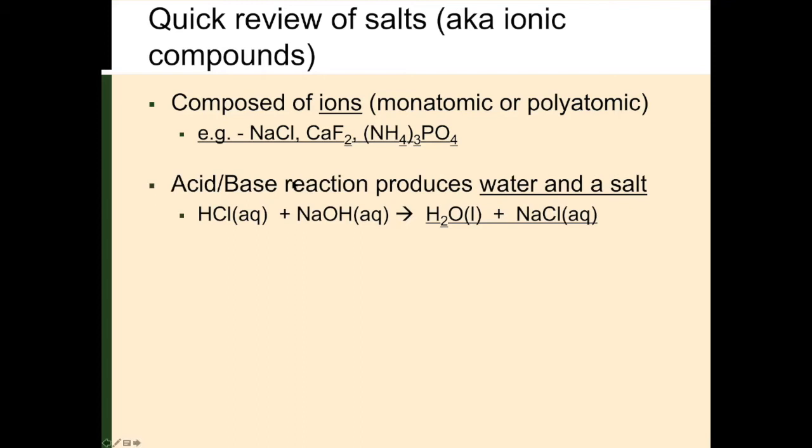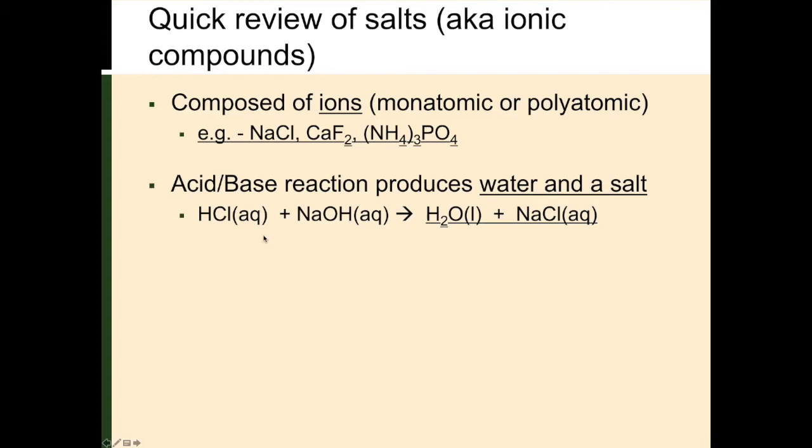So I said earlier that the reason why we call them a salt is because that's the term used to indicate one of the products of an acid-base reaction. So anytime you have an acid and a base reacting with each other, you produce two things. You produce water and you produce a salt, which is essentially the ions that are left over from the formation of water.